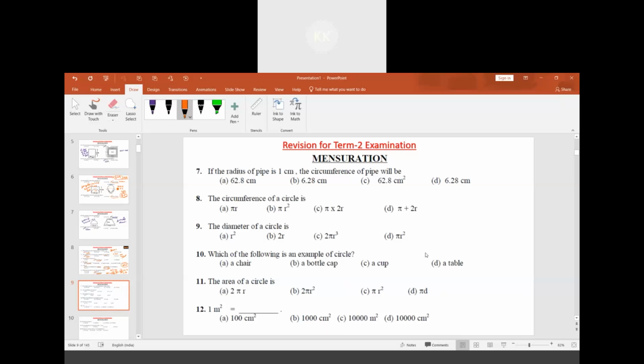If the radius of pipe is 1 centimeter, the circumference of pipe will be. None of this. 44 by 7. What is 44 by 7? What is the value I asked?